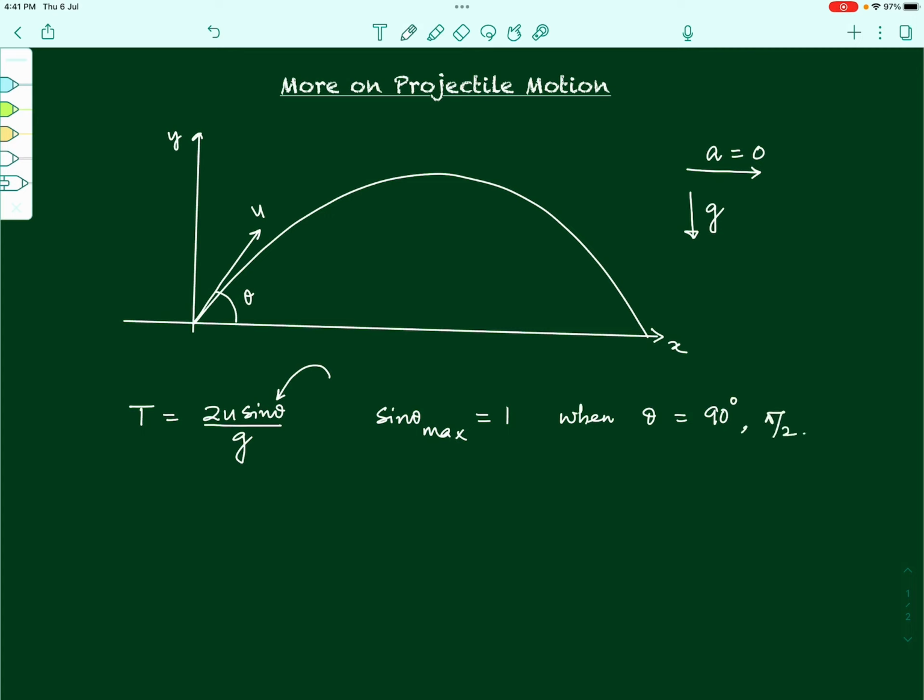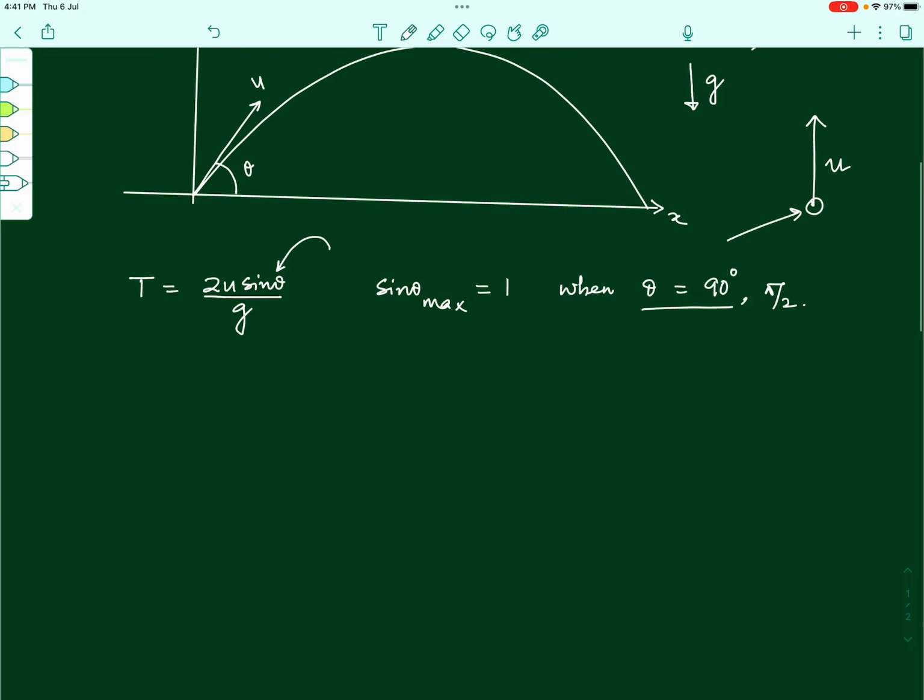So do we understand what we mean by theta being 90 degrees? How is the projectile projected in this case? Understand that theta equal to 90 degrees means that the projectile is thrown upward, directly upward along the vertical, right? So out of all the possible cases of a projectile, this particular projectile which is thrown upward with a velocity u will take the highest time to come back to the ground. Okay.